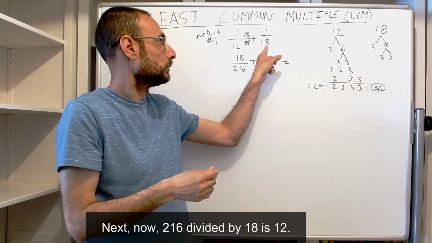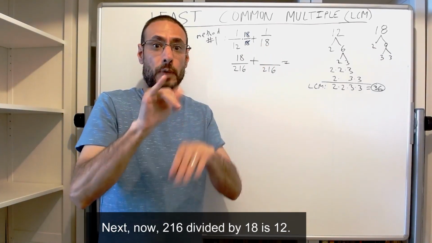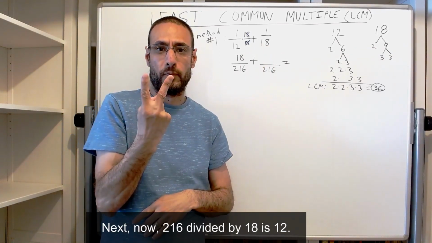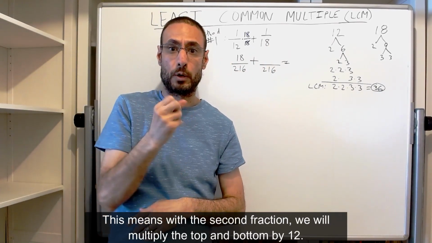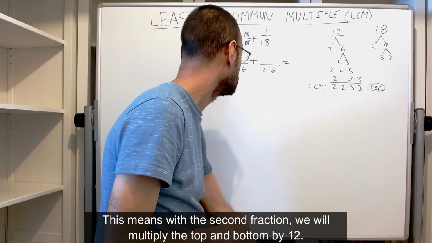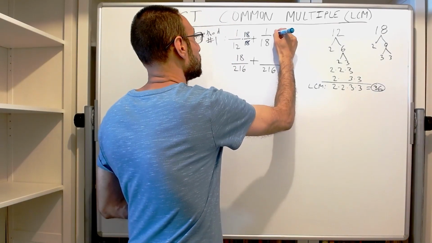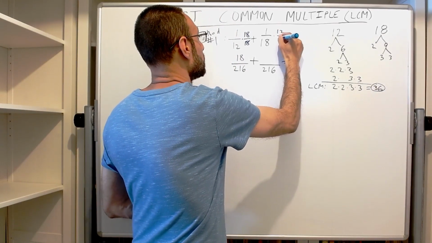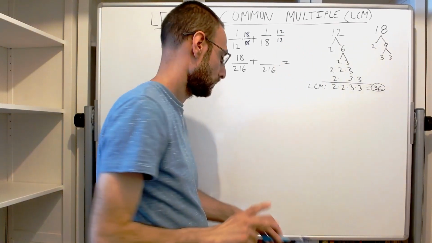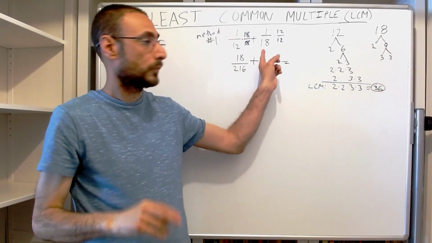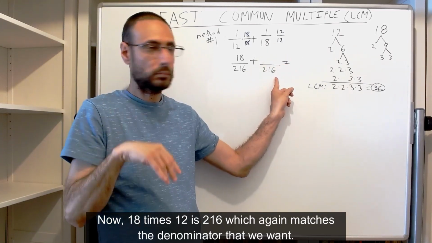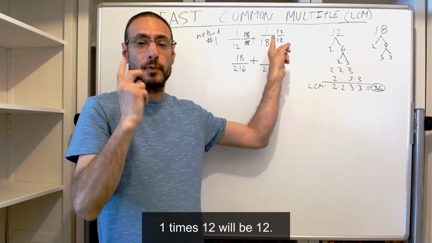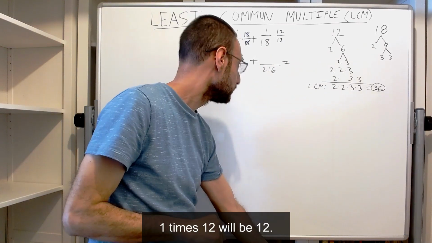Next, 216 divided by 18 is 12. This means with the second fraction, we will multiply the top and bottom by 12. 18 times 12 is 216, which again matches the denominator that we want. 1 times 12 will be 12.